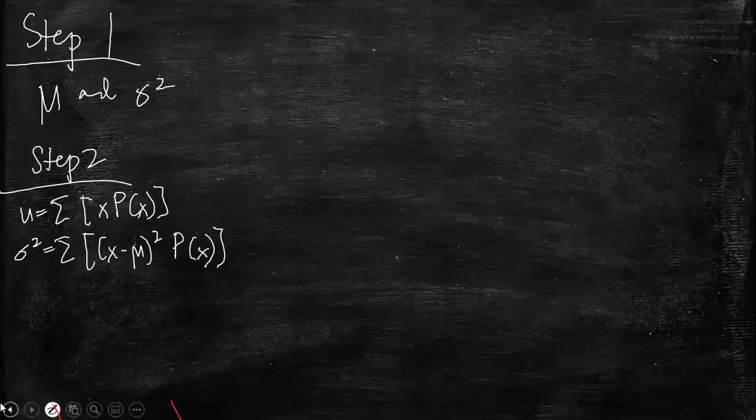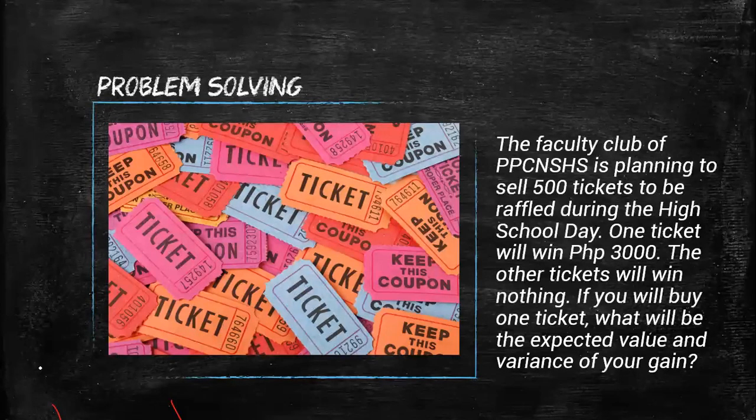What are the given? Balik tayo. Ilang tickets daw yung ibibenta? 500. Tapos, one ticket will win 3,000 pesos. Tama? Ayan. Tapos, ang other tickets daw, ilan ang mapapanalunan?